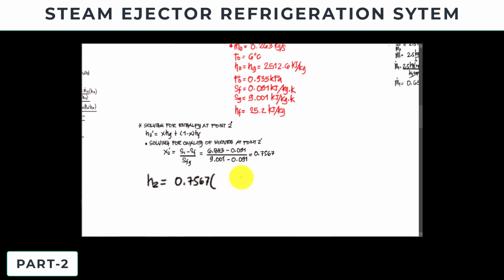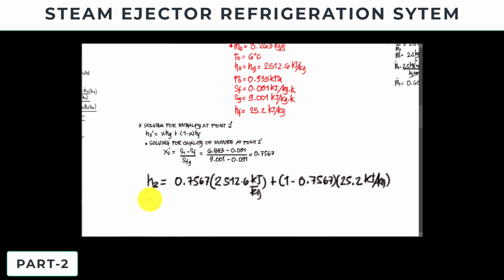So multiply it by the value of my enthalpy at Hg, so that will be 2512.6. So that will be kilojoule per kilogram. Then plus the value we have here, 1 minus 0.7567. Then multiply it by the Hf, we have 25.2, to get the enthalpy at point 2.